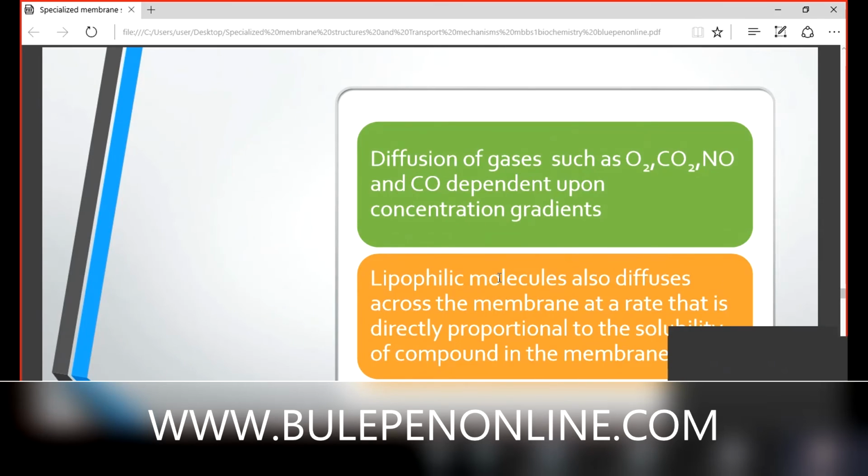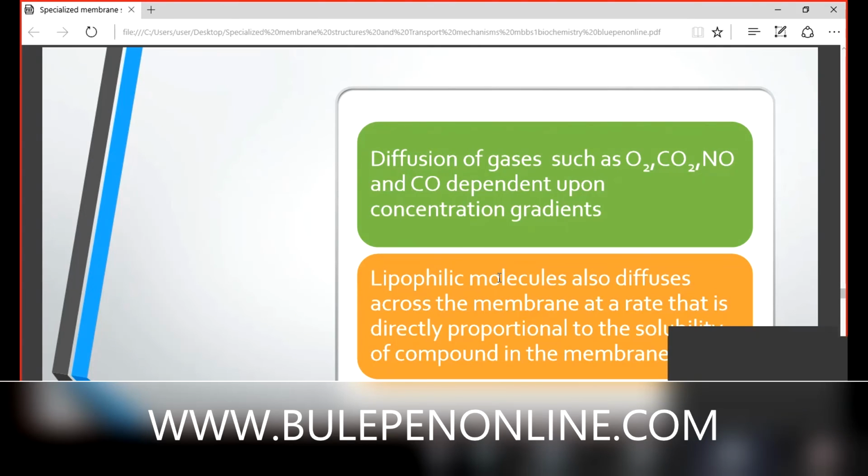Okay, Sandhya, what is the importance of this transport mechanism? Why do we need a transport mechanism? The permeability of a substance across the membrane is dependent on the solubility of lipids, and water-soluble molecules are impermeable.